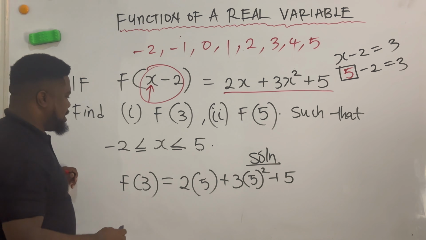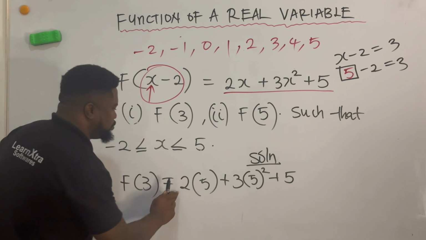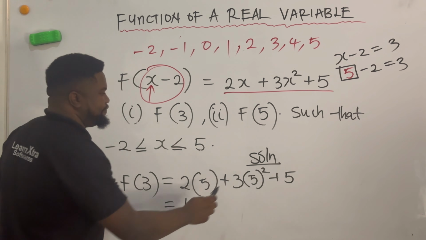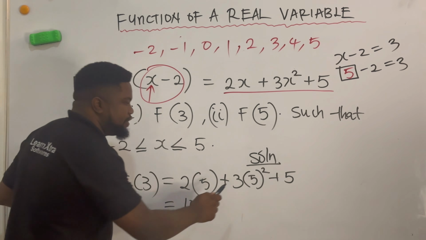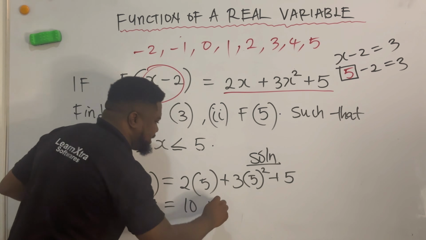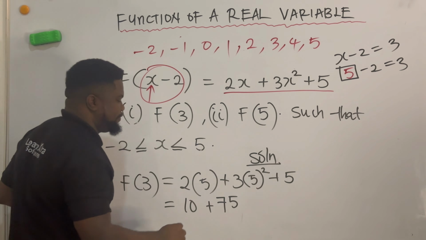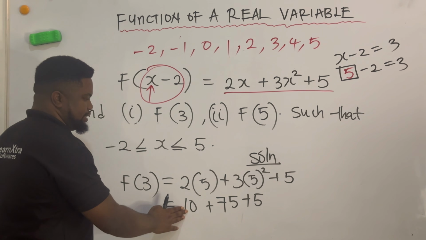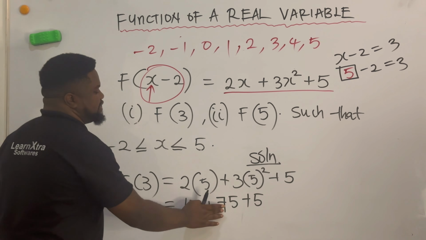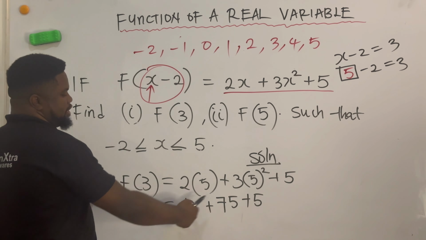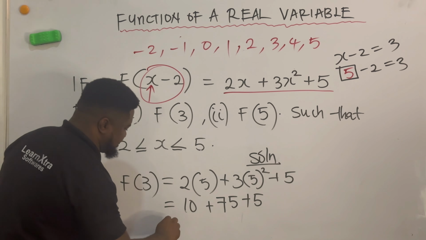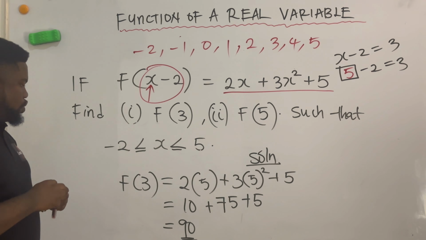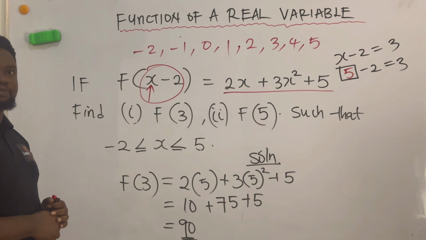And this is equal to 2 times 5, 10. 5 squared, 25. 25 times 3, 75, plus 5, which is 10 plus 75 plus 5. This is 85, this is 90. That's it. Our output will be 90.